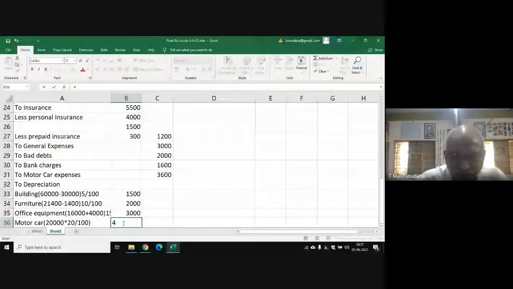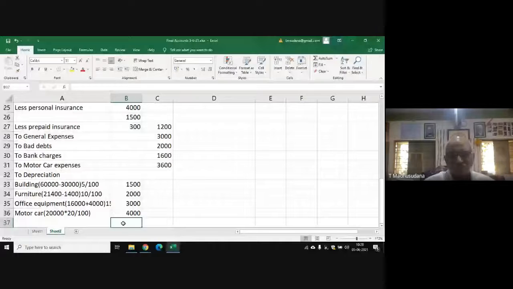On 20,000, 20 divided by 100, that is 20%, means 4,000 rupees.